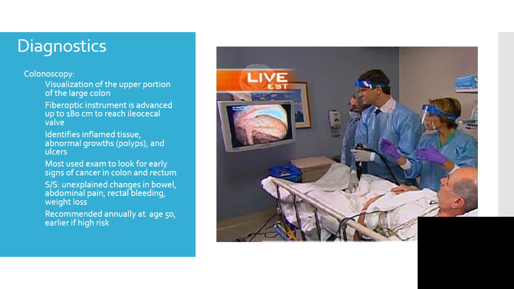And so maybe the patient's experiencing changes in bowel pattern, abdominal pain, they're having some unexplained rectal bleeding or weight loss. So it's really a good exam to have. It's part of preventative care and covered by most all insurances. Once again, once you're age 50 and above or have a significant history.